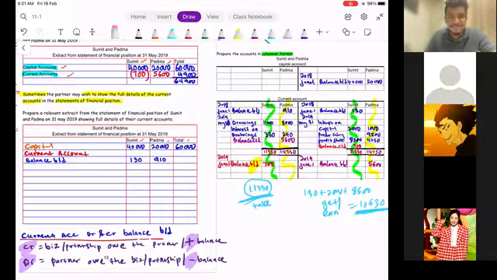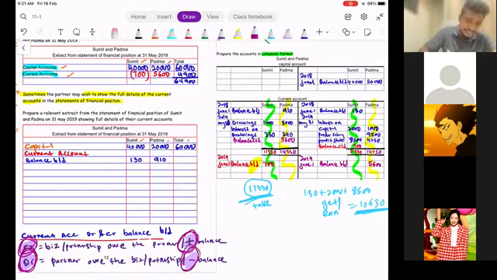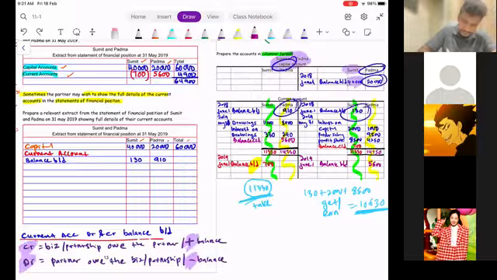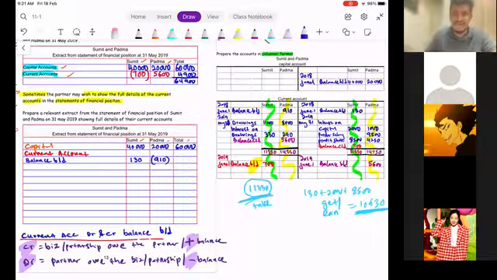Wrong, huh? Why? If it is a credit balance, it's a positive balance. If it is a debit balance, it must be negative. You must put a negative. If you didn't put negative, it's wrong. So I put a negative 910. Everybody understand this?